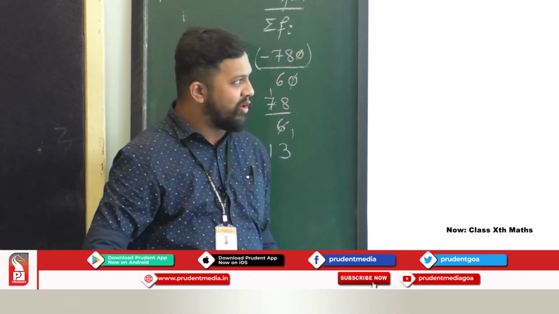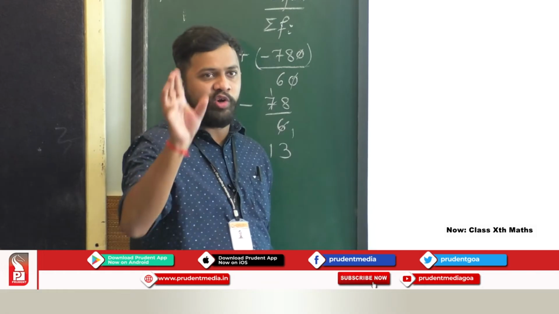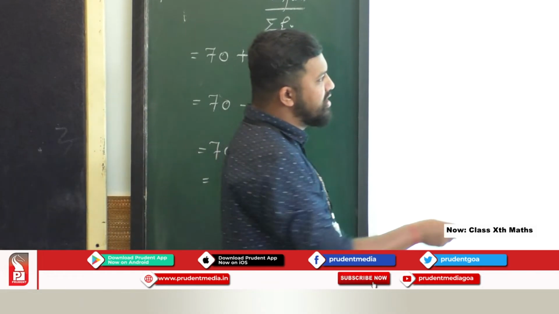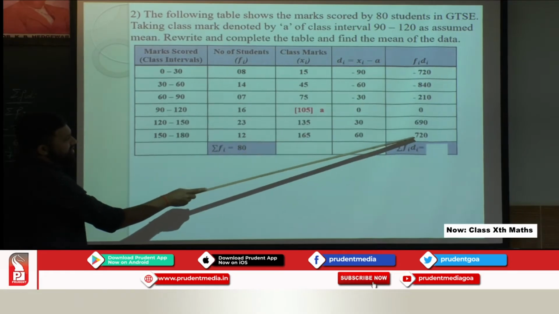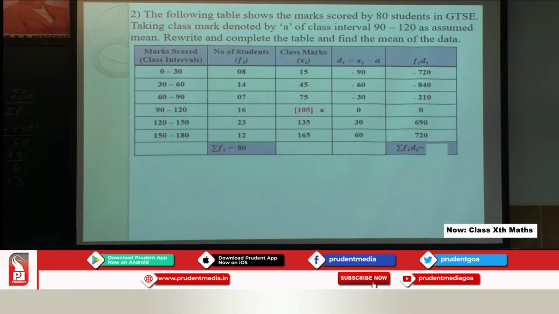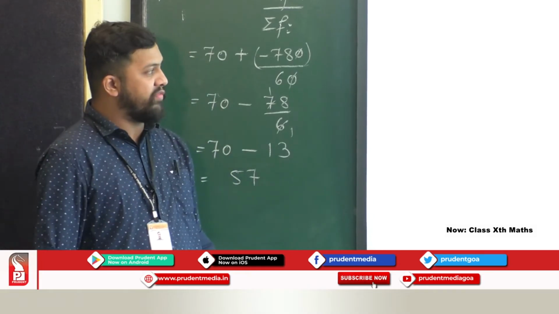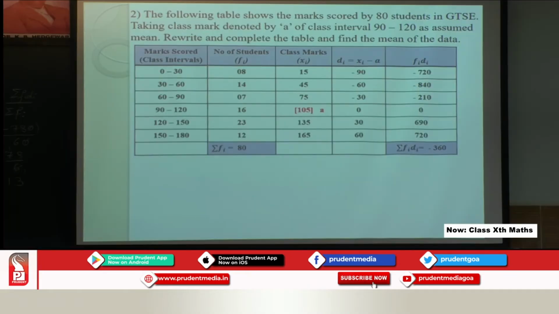Now don't cancel on the paper. It is for you to understand that 720 and negative 720 can cancel. So these two numbers remain, and 690 remains, and you will get your answer as minus 360. That is your summation fi di. So summation fi di is minus 360.